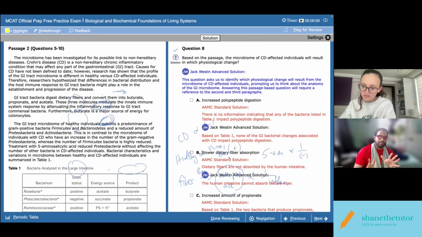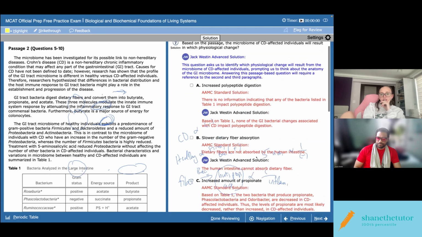But are you saying that I didn't like it because of absorption? Well, I'm just saying when we're really taking the time to chew it down, I can see why we went through each answer choice and saw which one was right and which one was wrong. But if it's on an exam and I'm doing it quickly, I guess I don't know.